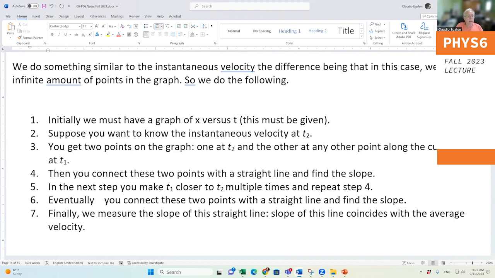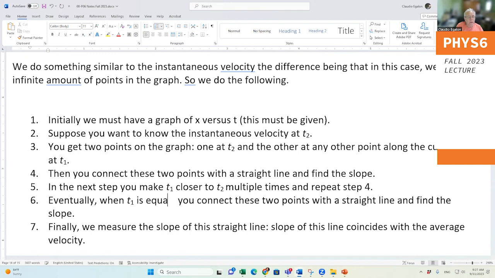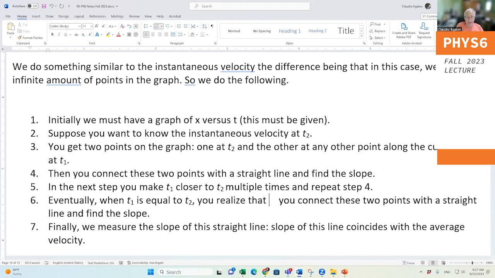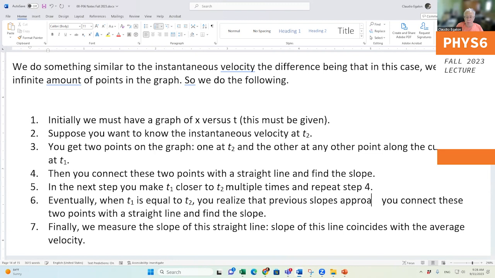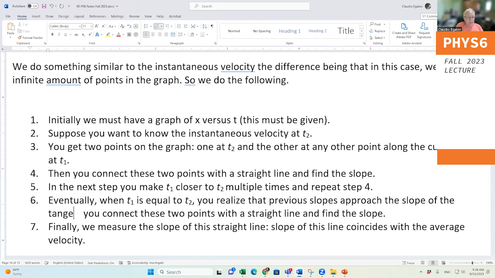Eventually, when T1 is equal to T2, you realize that the previous slopes approach the slope of the tangent at point T2.